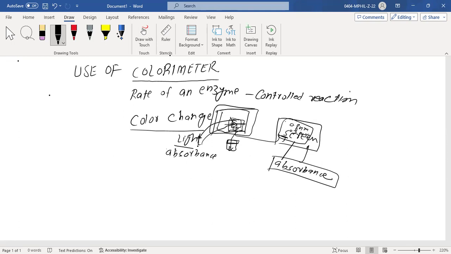With the passage of time, as the rate of reaction increases, we can detect that rate of reaction by analyzing the absorption of that light. Definitely, when the rate of reaction is increased, light absorbance is also increased. Are you getting this point? So that's a very simple concept.